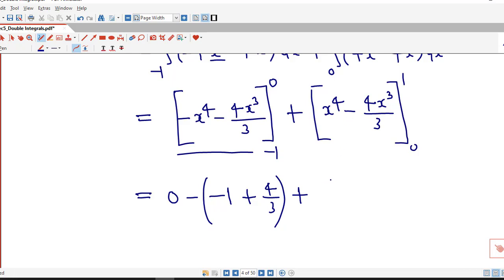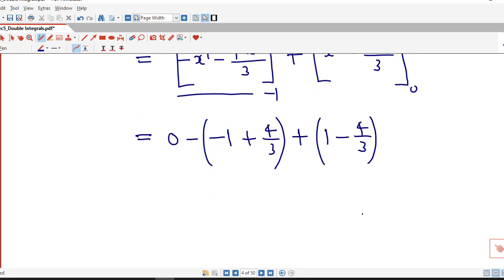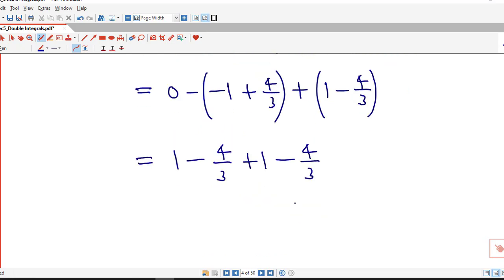Here for x equal to 1 we have 1 minus 4 by 3 and lower limit is 0. So we write one more step here. If we take negative sign inside this, we have minus 1 into minus 1 plus 1 minus 4 by 3 plus 1 minus 4 by 3.